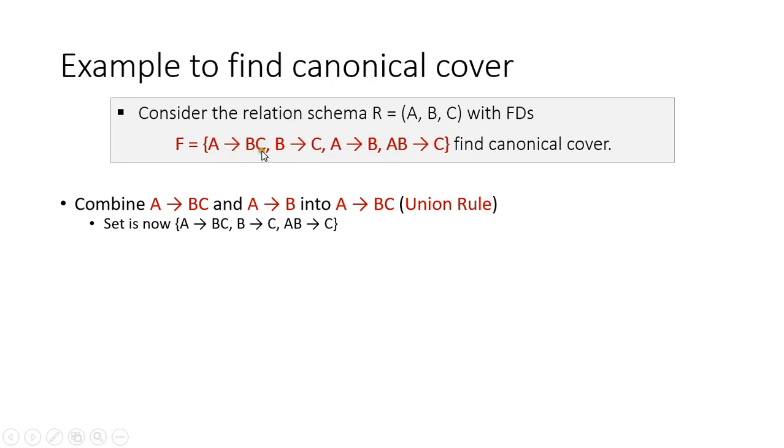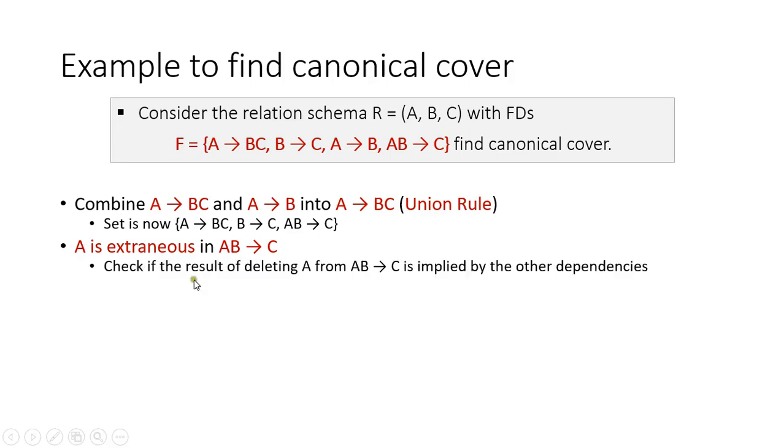Next, A is an extraneous attribute here in AB determines C. Why? Because we check whether the result of deleting A from AB determines C is implied by the other dependencies. Yes, in fact B determines C is already present. So A is the extraneous attribute here.